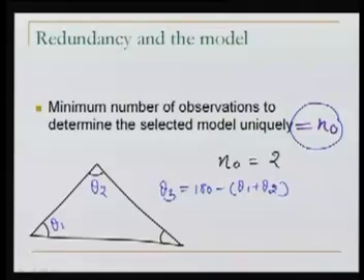Anyway, we will start by some notations. We write n naught. N naught is the minimum number of observations which are required to determine our selected model. Now here in this case, the minimum required is 2, n naught is 2, because if both observations are correct, with no errors, we can know the shape of the triangle.